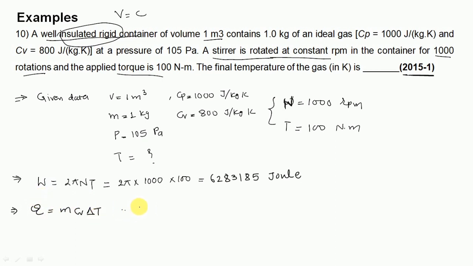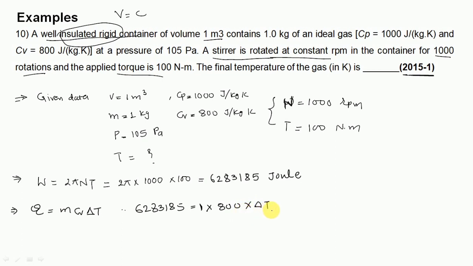So I compare this equation and write over here the value of Q is equal to W, which is 6283185. Mass is given as 1 kg. Cv is given and its value is 800. And delta T I write over here as it is because we need to find the final temperature.